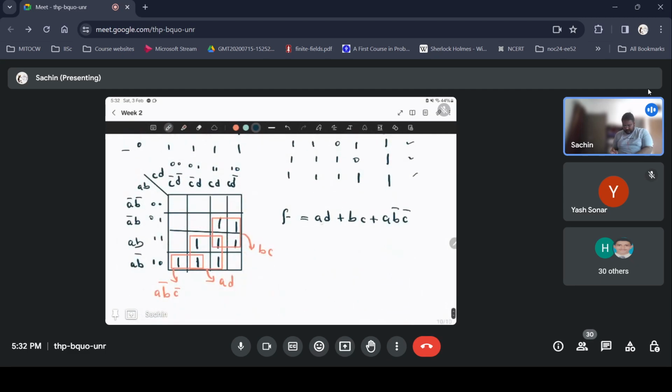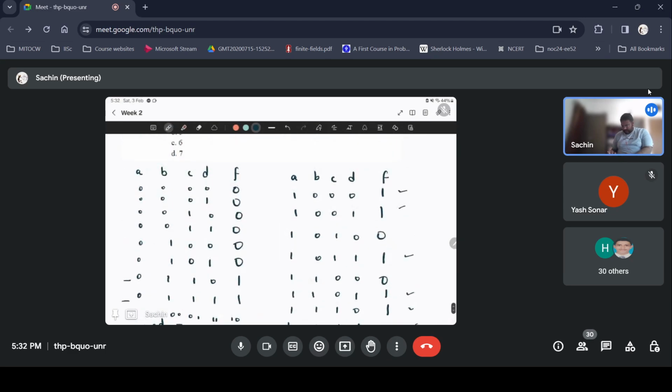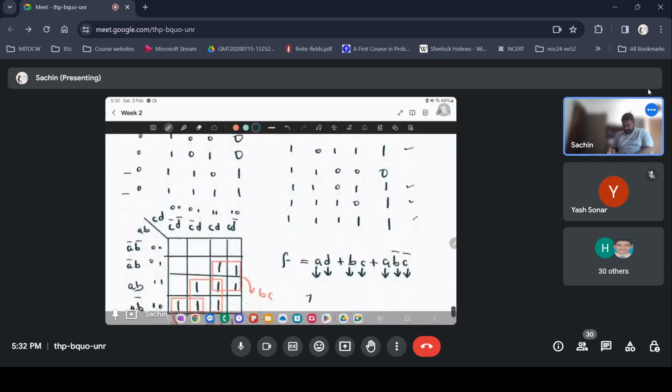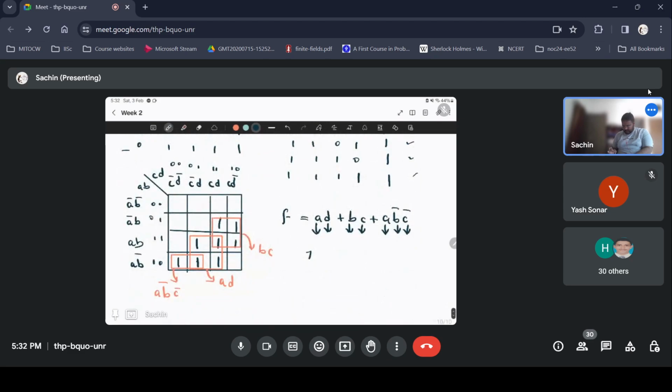Here you can see there's 1, 2, 3, 4, 5, 6, and 7 literals. So the answer is 7. Which one is that? It's option D. Answer is option D.